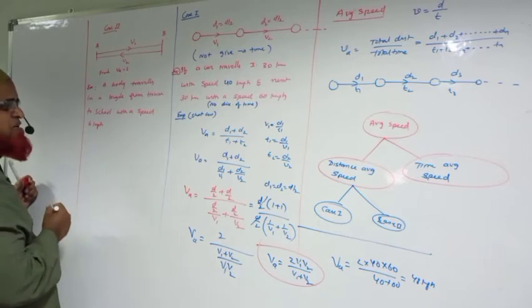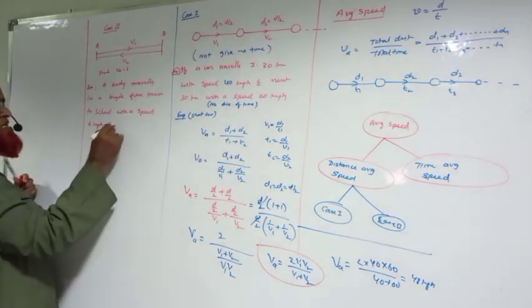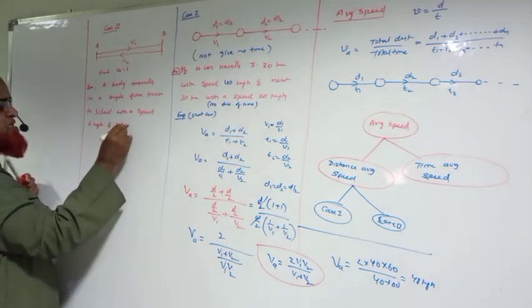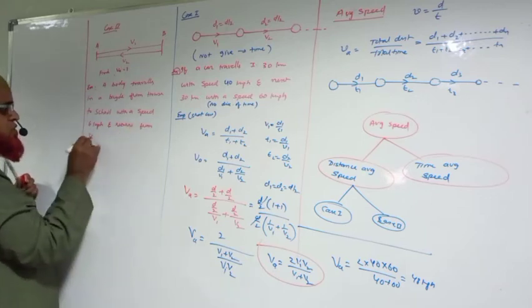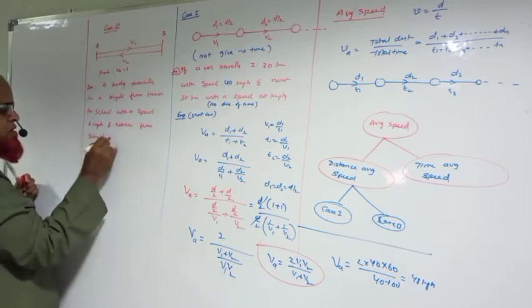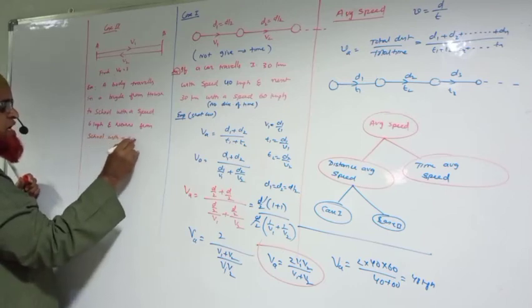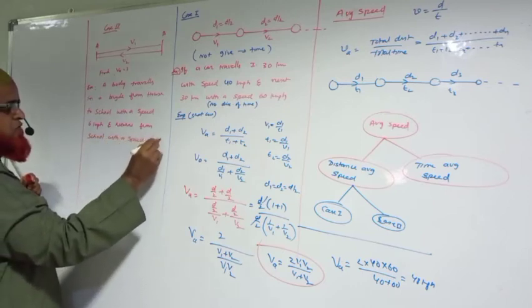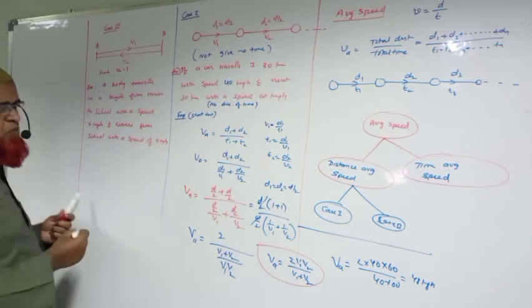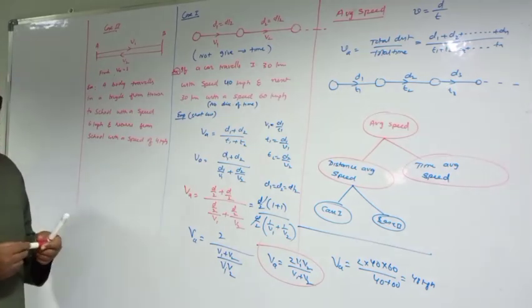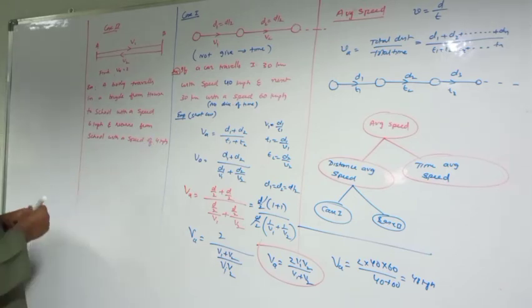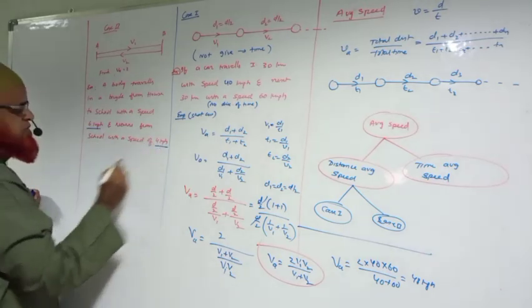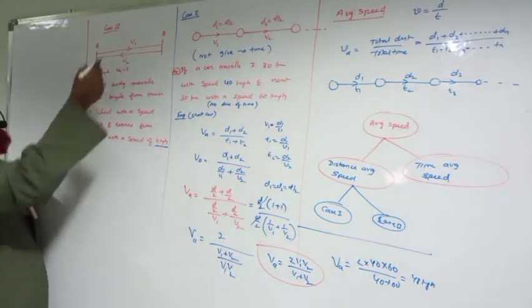Early morning will be having high speed. And returns from school with a speed of 4 kilometers per hour in the evening, because early morning he'll be in a hurry so that he has to reach the school, he is moving very fast, returning back with a speed of only just 4 kilometers per hour. Then what is the concept behind this?